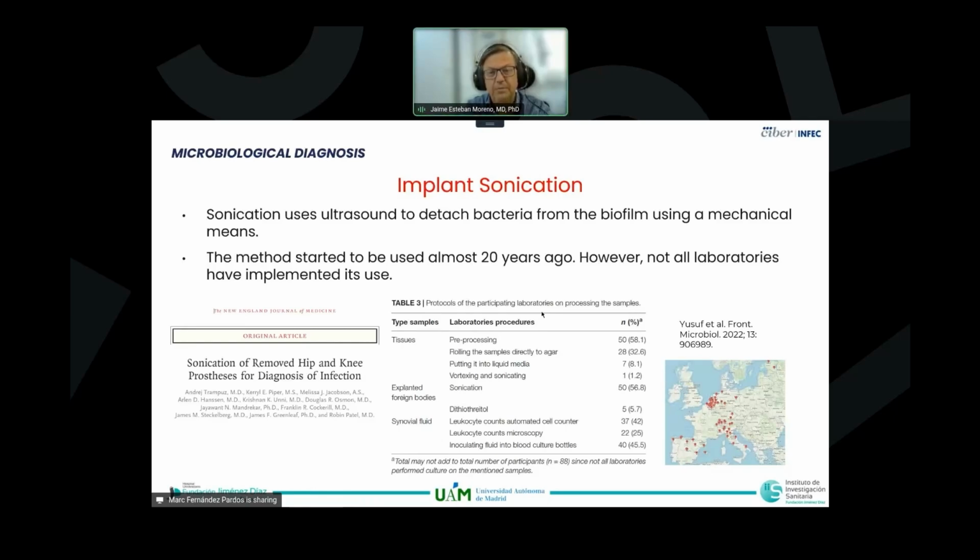In a study performed in 2022 in Europe, we have seen that roughly between 50 and 60% of the laboratories use sonication, and the other 50% of laboratories do not use sonication.